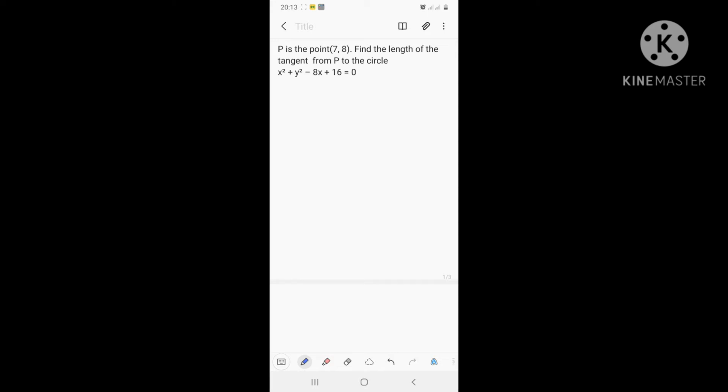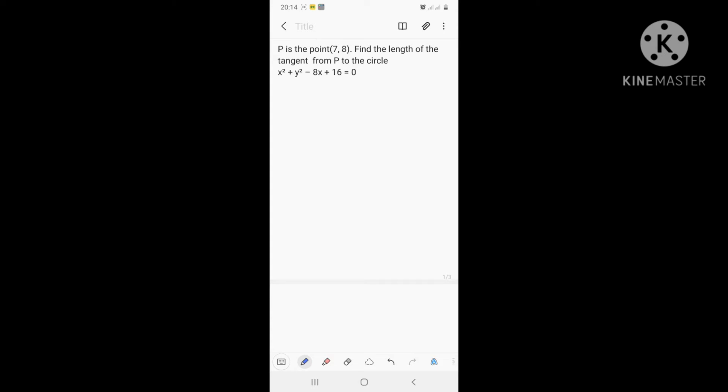Supposing you are following the normal procedure, the usual method, you first have to get the center, then the radius, then you apply the Pythagoras theorem to get the length of the tangent after you have got the hypotenuse.